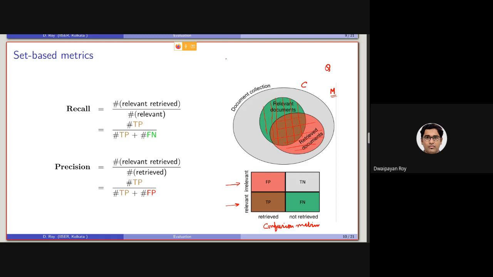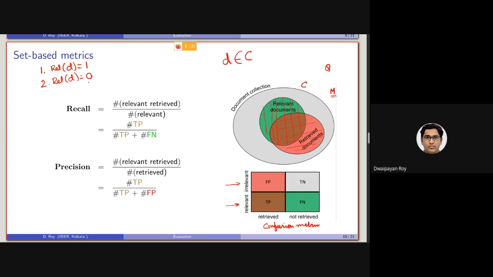So any document D, if we select it from the collection C, D will be either relevant, that is, relevance of D will be 1, or it will be non-relevant, right?